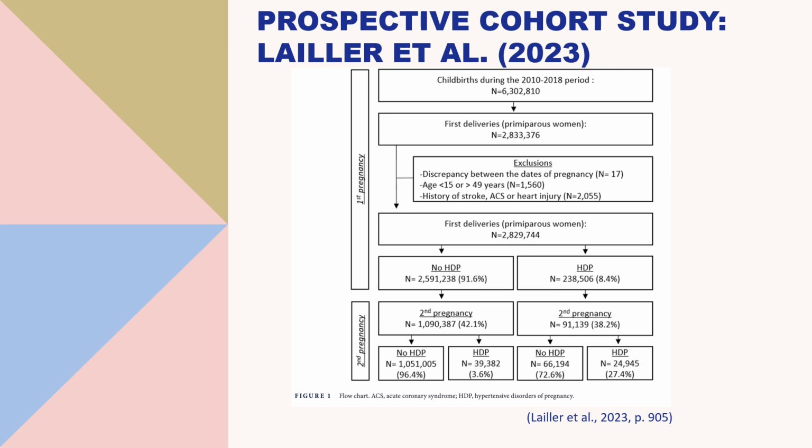This prospective cohort design thus allowed the researchers to compare the subset of people who did and did not develop a hypertensive disorder in their second pregnancy, based on whether they were diagnosed with gestational hypertension or preeclampsia in their first pregnancy.